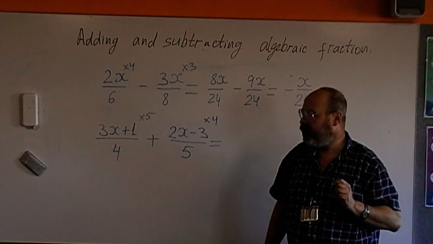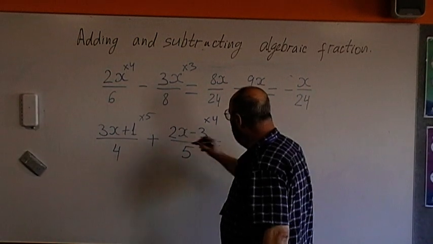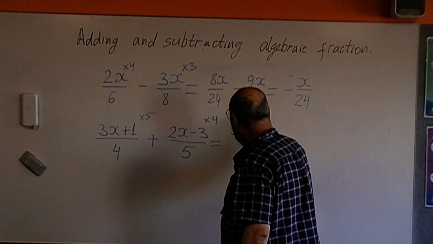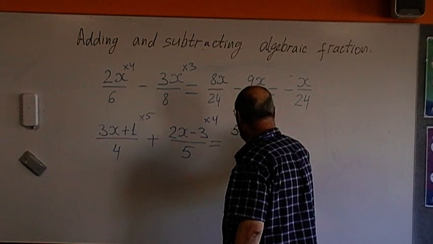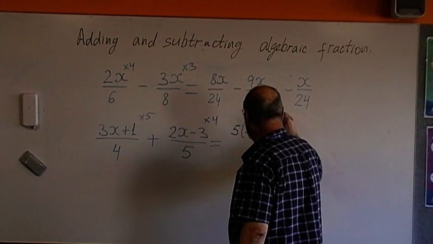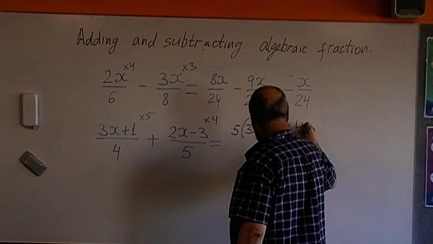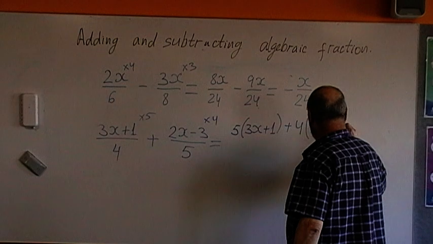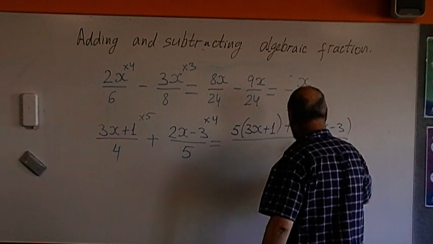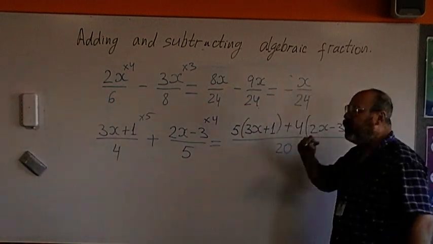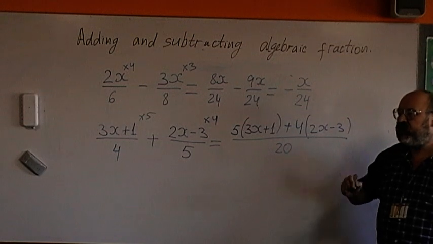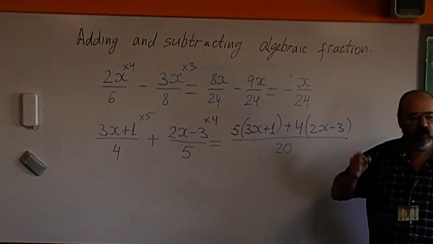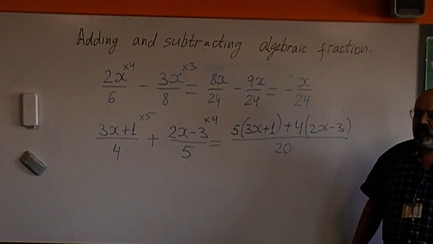So how do you write the next step? We multiply by 5, so we write 5 times bracket 3x plus 1, plus 4 times bracket 2x minus 3, and that's all over 20. Don't do it in one step in your head. That's where students make mistakes.